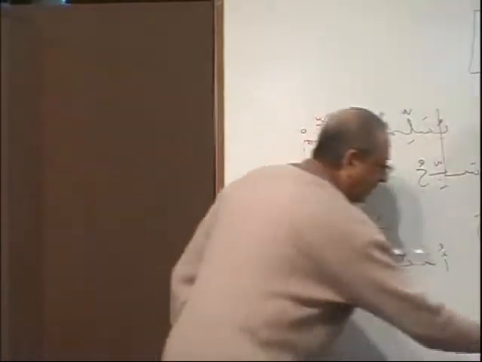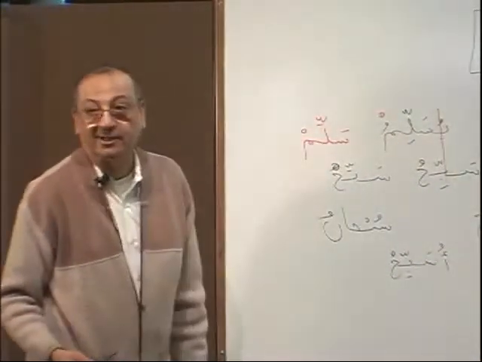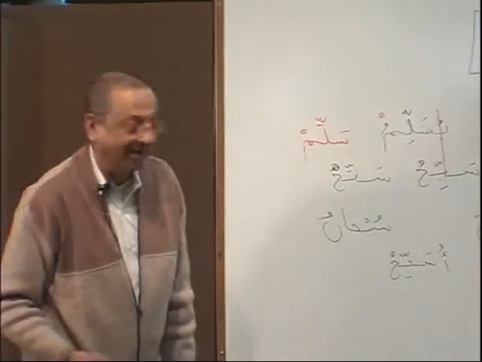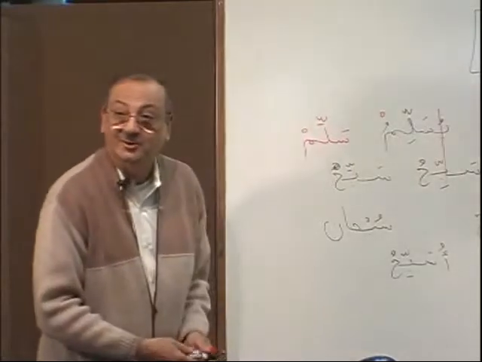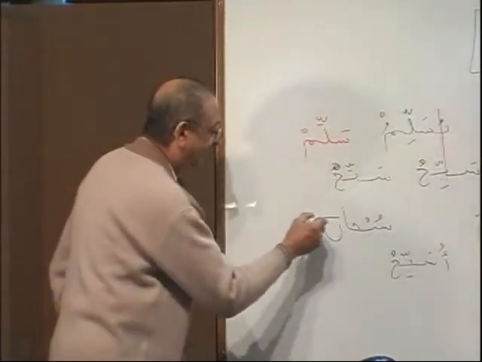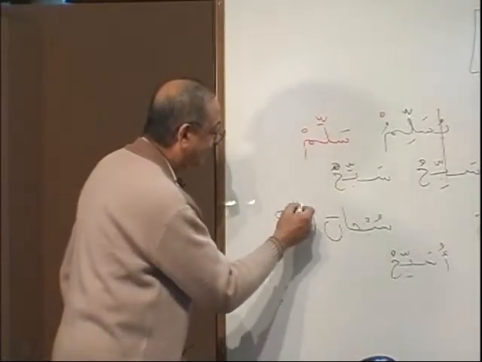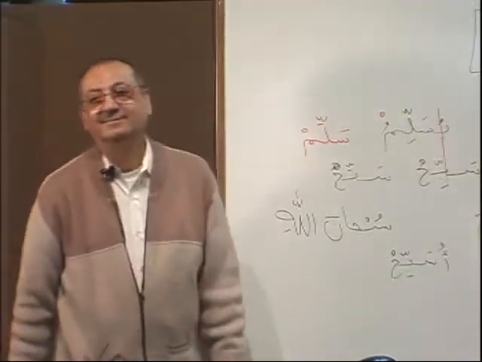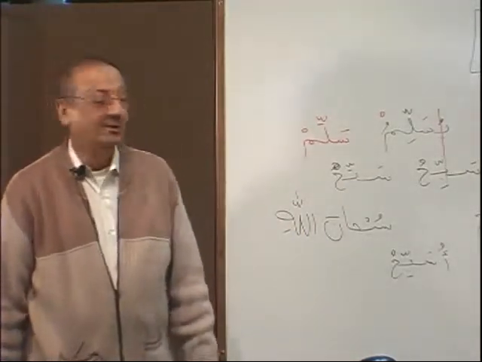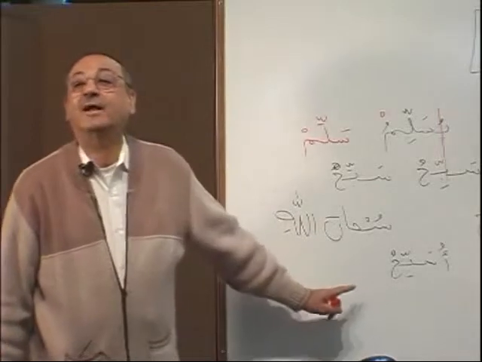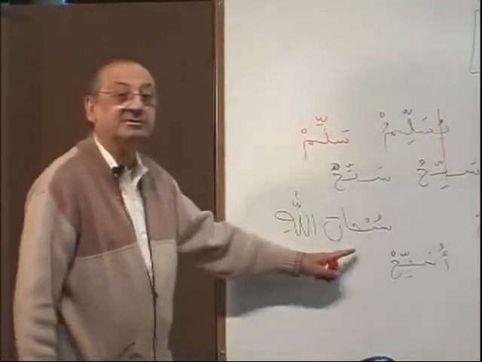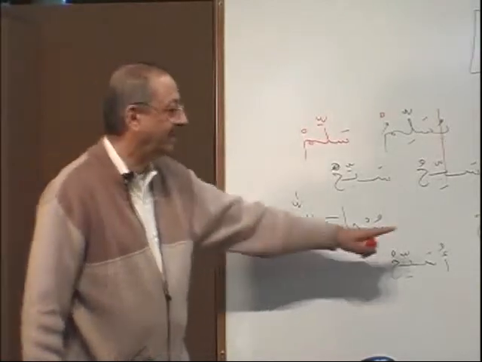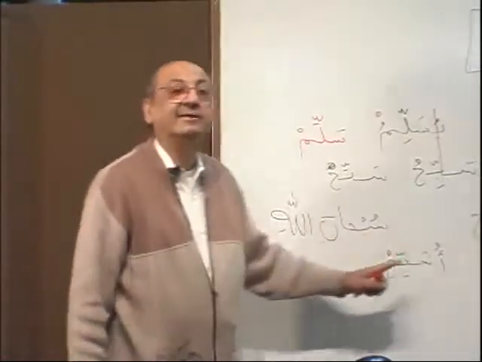So when you say subhana, brothers and sisters, remember, maf'ulun mutlaq is mansoob. So I must make this mansoob. So I say, Subhanallah. What is Subhana? Maf'ulun mutlaq. And it is a masdar. Instead of the usual masdar, this masdar is used.